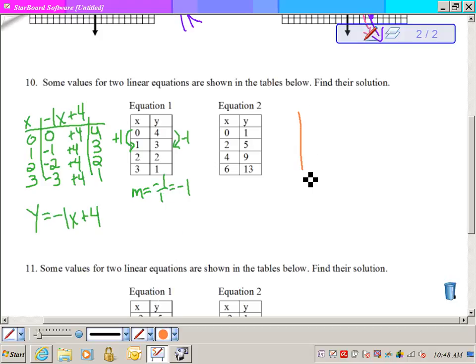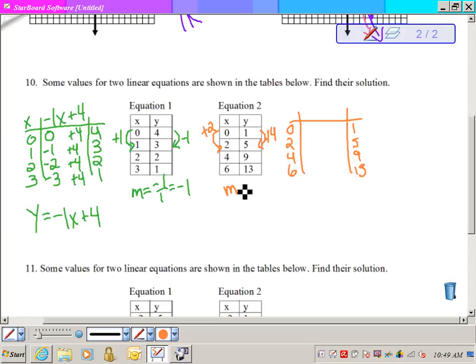Okay, for equation 2. Let's make our table. My change in x is +2. My change in y is +4.